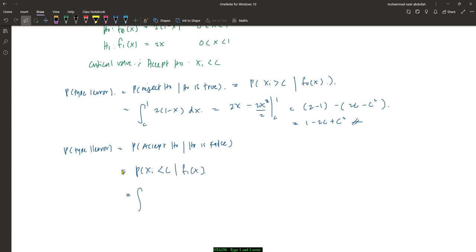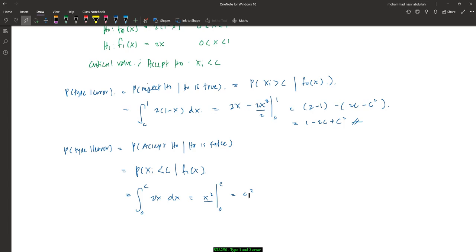So we are integrating from 0 to c, 2x with respect to x. Right, so this one should be x squared over 2 times 2, x squared, from 0 to c, right? And then this one should be equal to c squared.